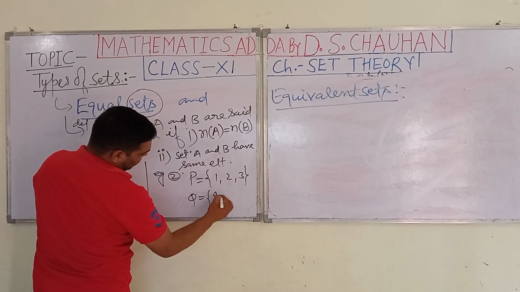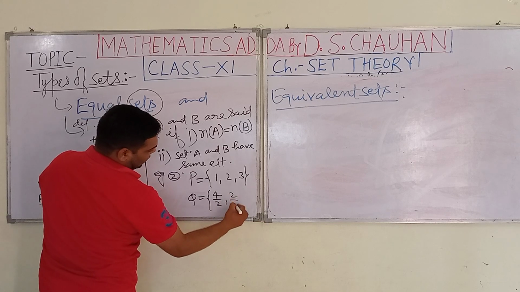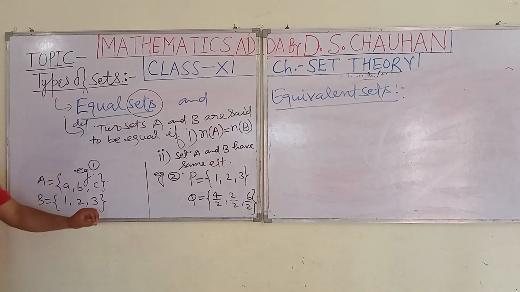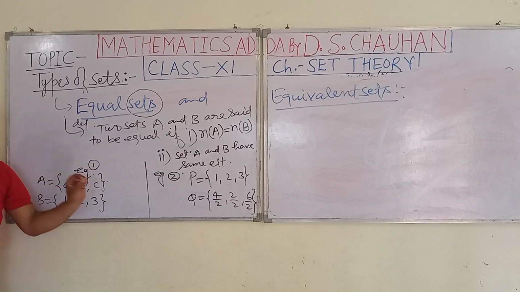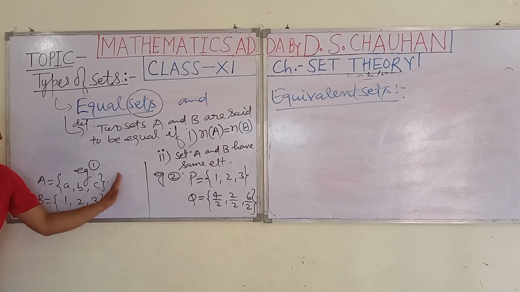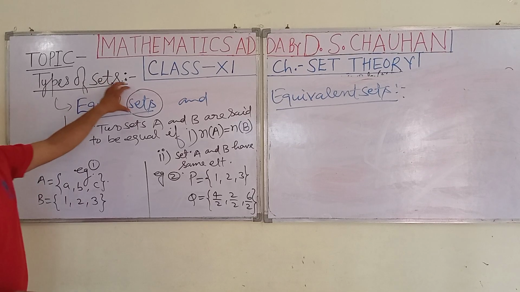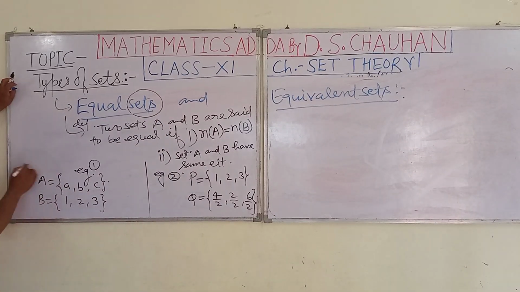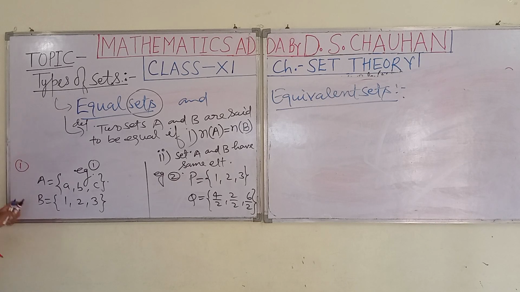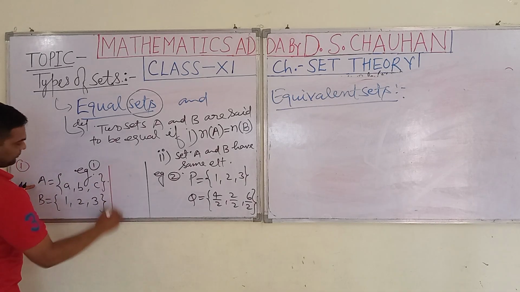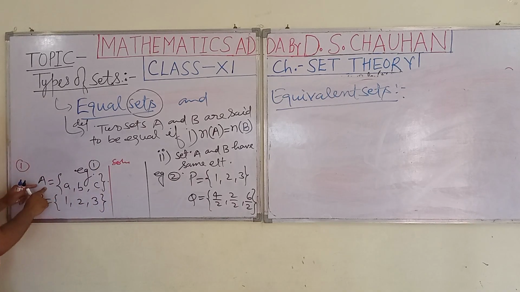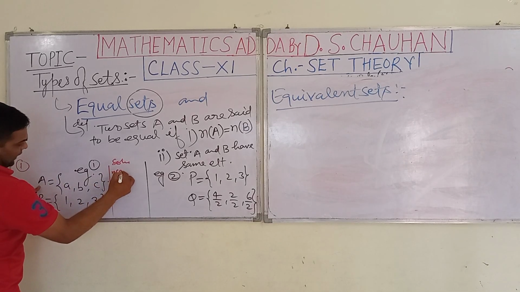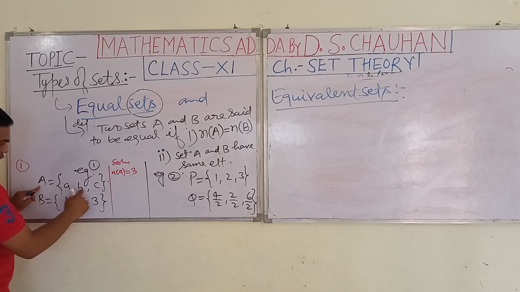Another example, this is set P and set Q. Its elements are here 1, 2, 3, and its elements are here 4 by 2, 2 by 2, 6 by 2. Okay students, all of you look at these two very important examples to understand the concept of equal sets.